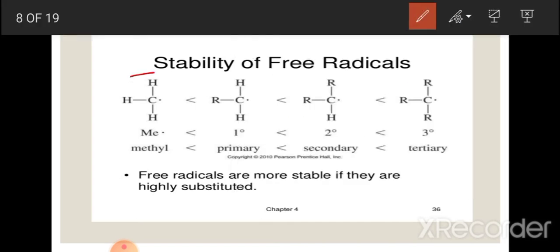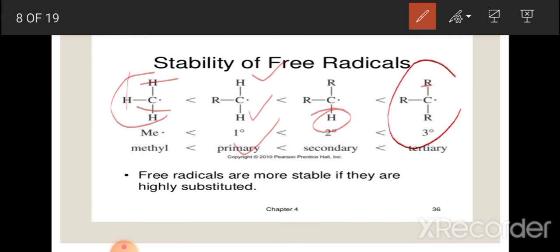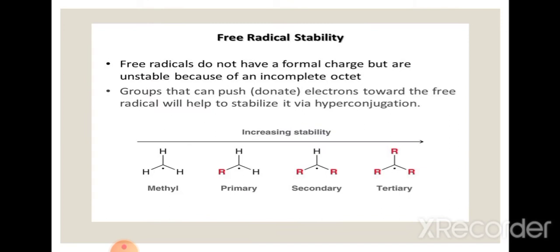Here 3 hydrogens are present that can be substituted, so it is more reactive. With 2 hydrogens that can be substituted, it is less reactive than methyl. Only 1 hydrogen can be substituted, lesser than the primary one. In tertiary, no substitution can be done, so it is the most stable free radical.